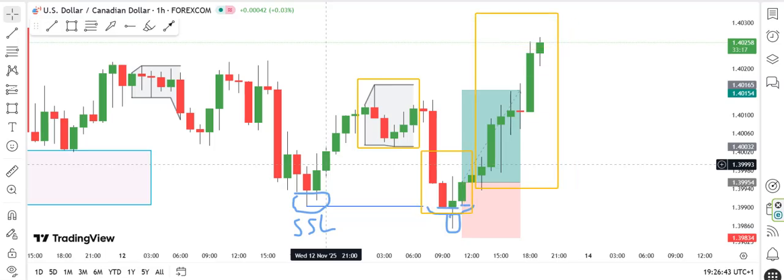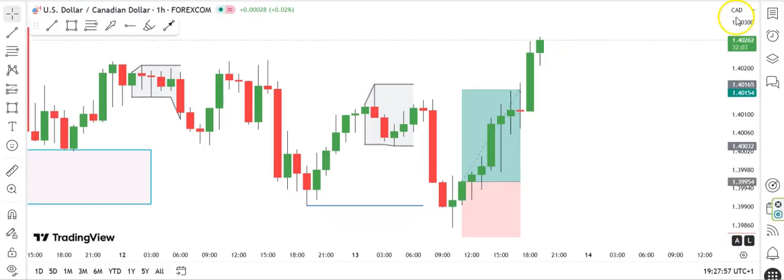In this case, the Asian session range is our accumulation. Then here is our manipulation. And when the market took this higher time frame sell side liquidity and gave us a confirmation shift on the lower time frames, our plan is to trade this distribution, this reversal back to the upside.